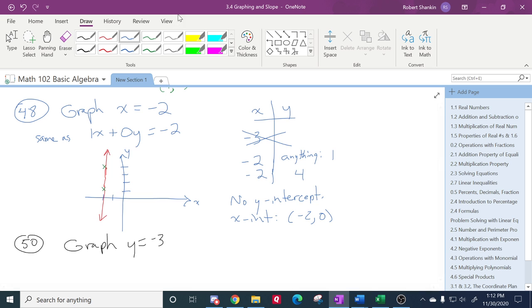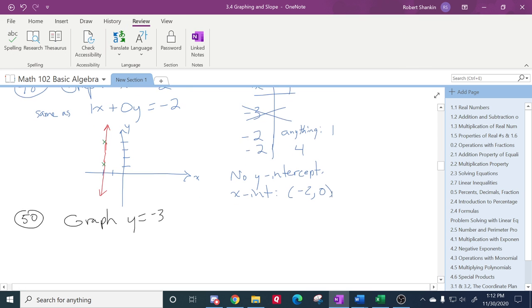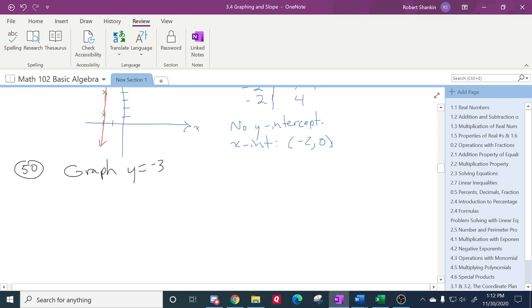Okay. Now we're going to graph y equals -3. When I graph y equals -3, again it's the same as 0x plus 1y equals -3.